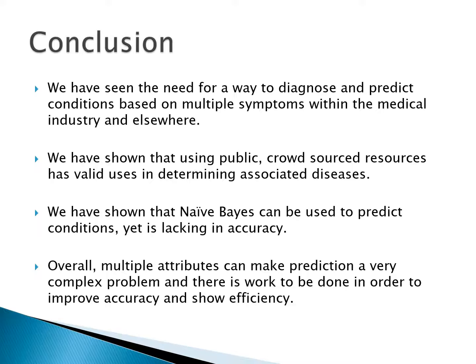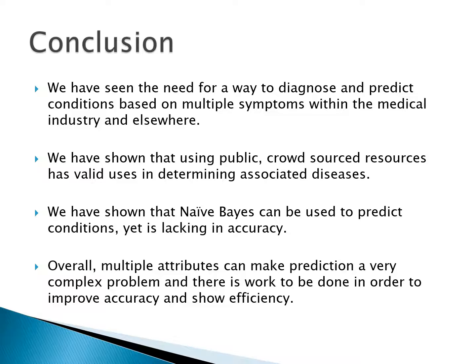So our conclusion. To conclude, we have seen the need for a way to diagnose and predict conditions based on multiple symptoms within the medical industry and elsewhere. We have shown that using public crowdsourced resources has valid uses in determining associated diseases.